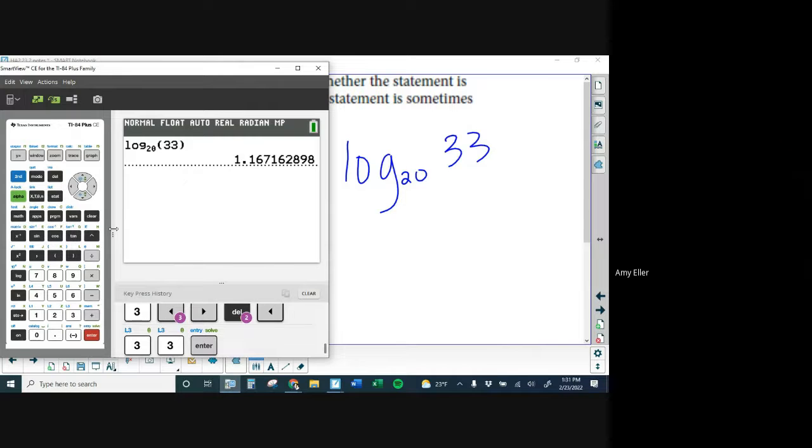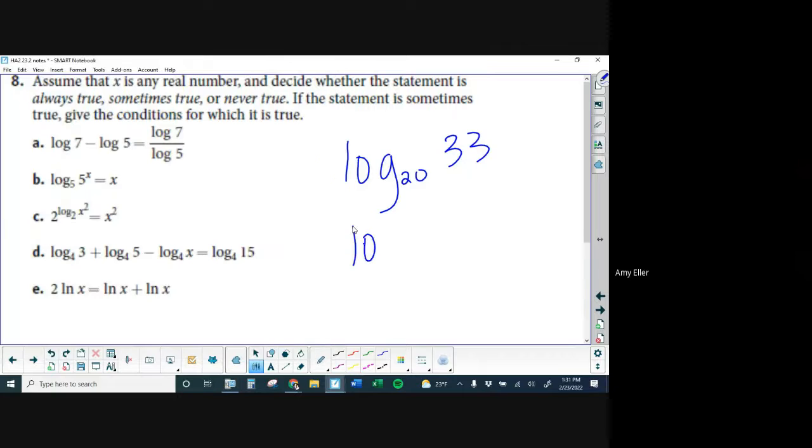On your paper, write log 33 over log 20. Now tell me, is this log base 20 still? No. Is it log base 33 of 33?